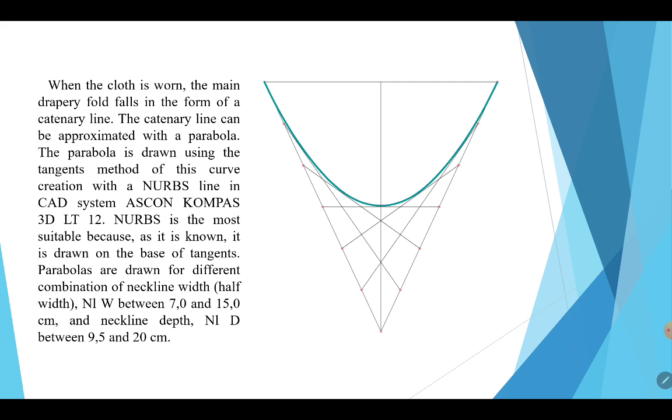NURBS is the most suitable line because, as it is known, it is drawn on the base of tangents. Parabolas are drawn for different combinations of neckline width and neckline depth.